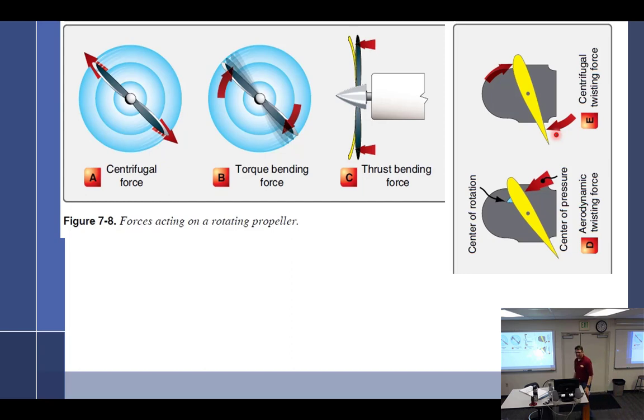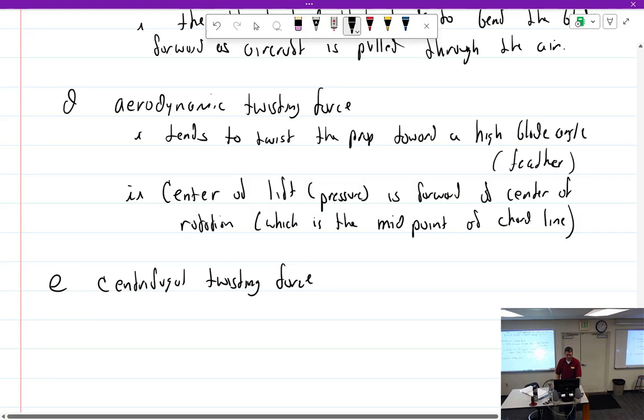It's not really weather, it's centrifugal, it's weight. You can try it like this: put your hands like this and spin around. They'll go like this, so they flatten out. The two centrifugals are the greatest forces of all. So centrifugal twisting force, which is the only one that can really make the blade move, is always going to win.